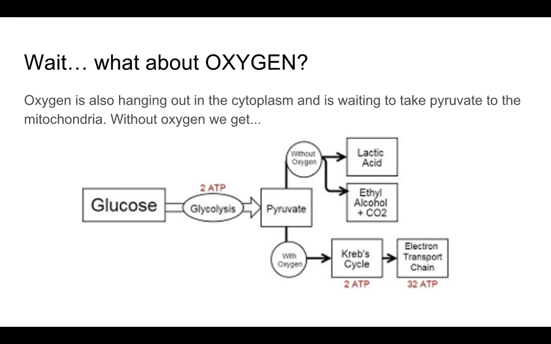It's really important to understand that we need oxygen in order to get the maximum amount of ATP out of a sugar molecule, because without oxygen, you only end up getting 2 ATP, and you produce lactic acid if you're an animal, or alcohol if you're a plant. So the burning feeling in your calves when we had you working out last week was the lactic acid buildup, and that's because you're not getting enough oxygen to those cells.